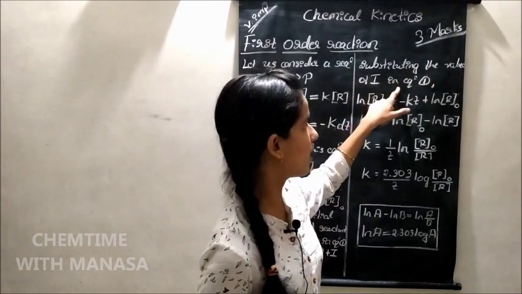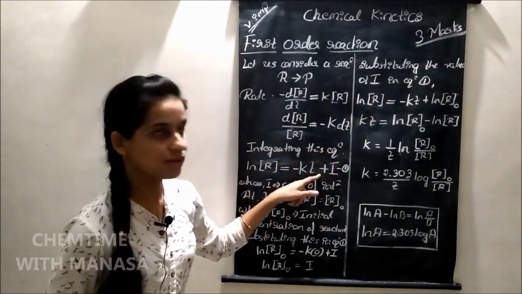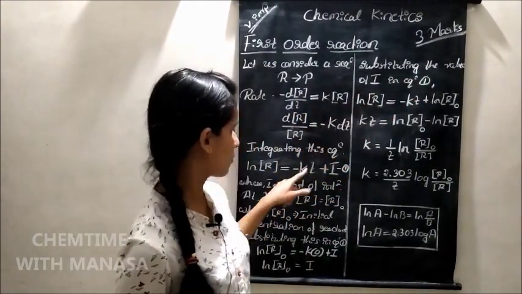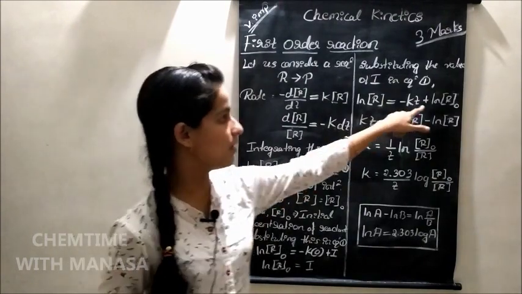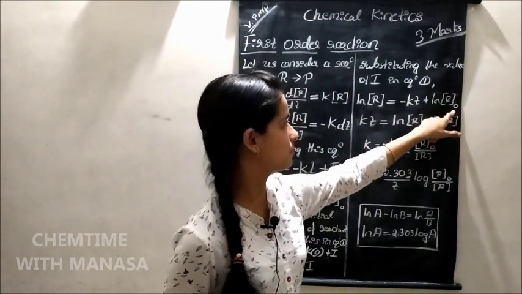Substituting the value of I in equation number 1, we get ln R is equal to minus kt plus ln R naught.